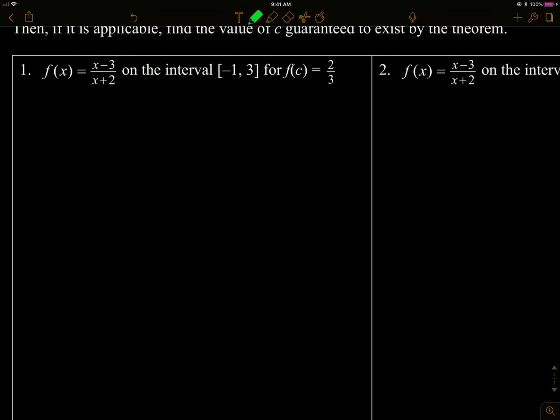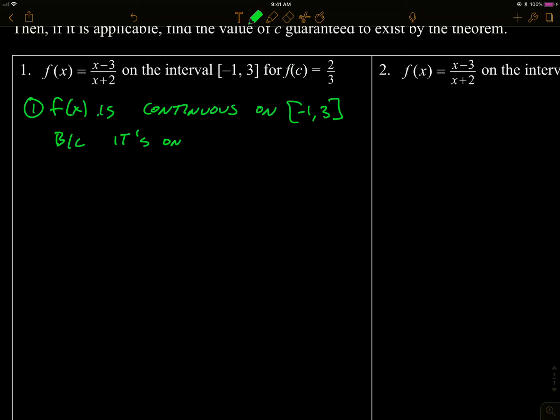So let's see how to do it without the graph. We've got a function here. The first thing is we have to show that it's continuous on the interval. So we'll say f of x is continuous on the interval -1 to 3 because its only discontinuity is at x equals -2.